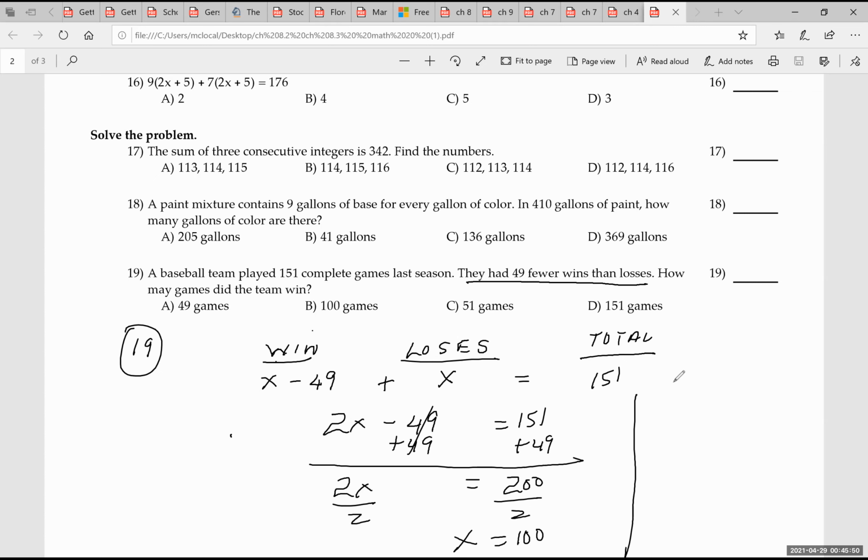So they had 100 losses. But how many wins did they have? In order to find the wins, it's x minus 49. So it's 100 minus 49, which will give you 51 wins. So 51 games. All right, and that's your answer.